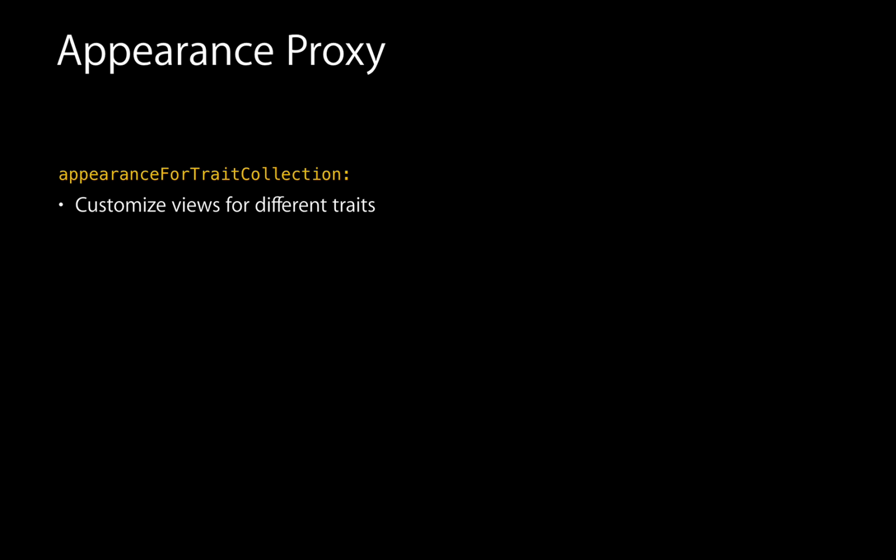We now have a new method, appearanceForTraitCollection, that returns a new appearance proxy with the trait collection that you've passed in, and any customizations that you perform on that appearance proxy will only take effect on views that conform to that trait collection.